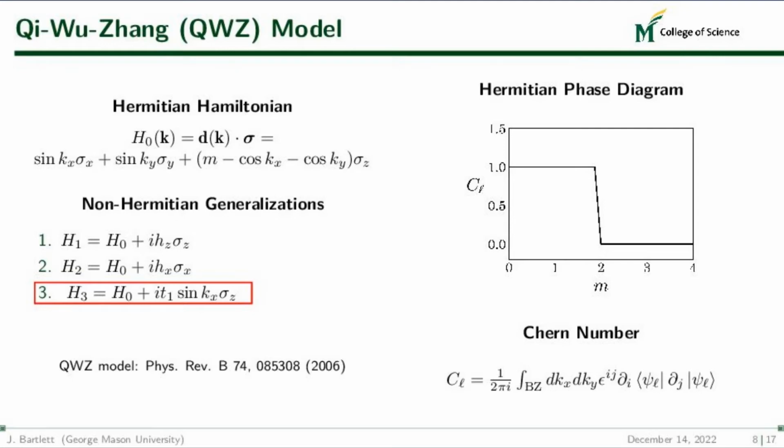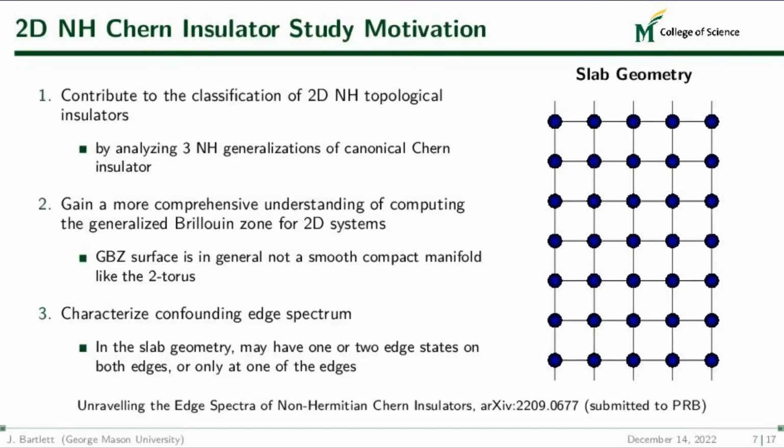If I go back a slide to talk about the lattice a bit: for the model we chose to study, this QWZ model, for each of these dots, there are 2 sites, A and B. So you'll have 2 sites per lattice location, and then you have hopping, for instance, in the x direction from A to A sites, B to B sites, A to B, or B to A sites, and the same in the y direction.